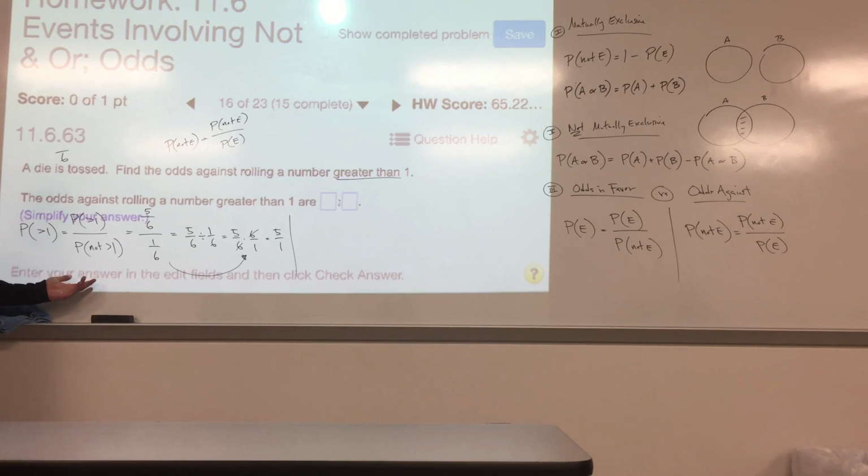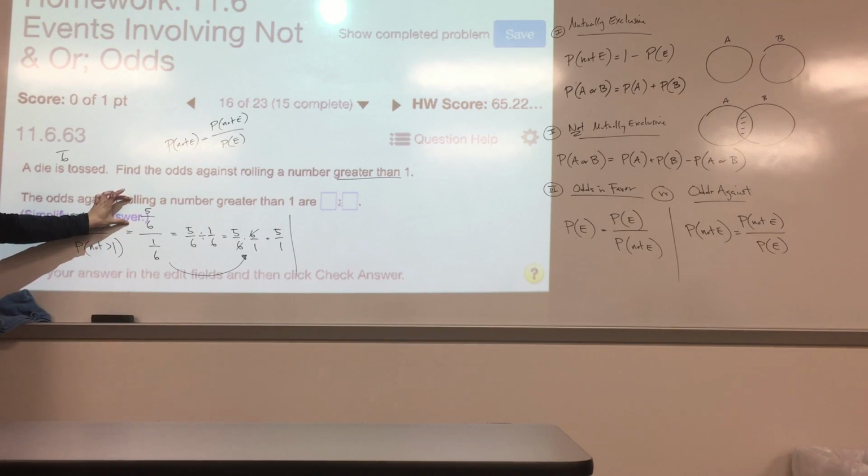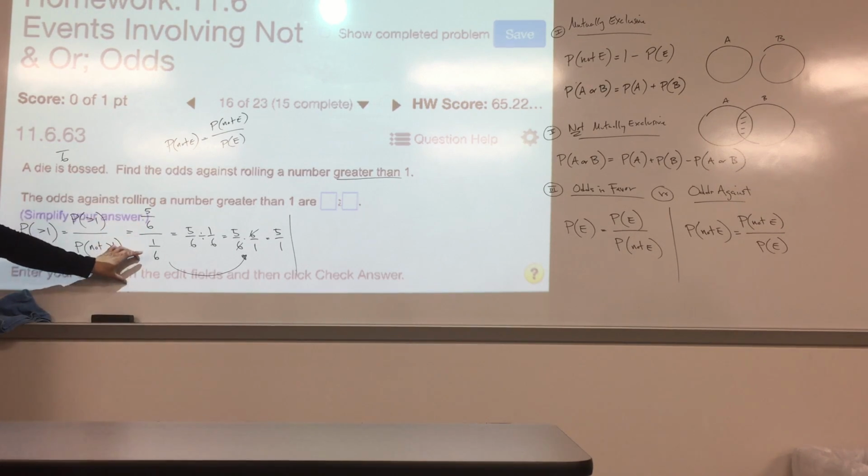Do we need to do much extra work on this one? What's the only thing we have to change in this problem that we just did? It's reverse it, right? The 1/6 is on the top, the 5/6 is on the bottom.